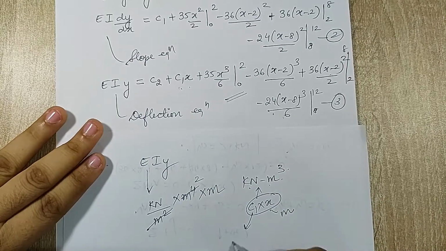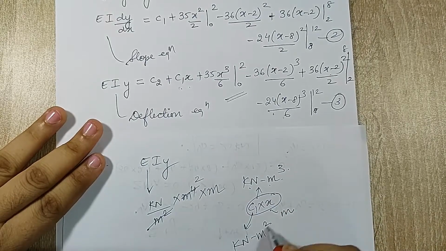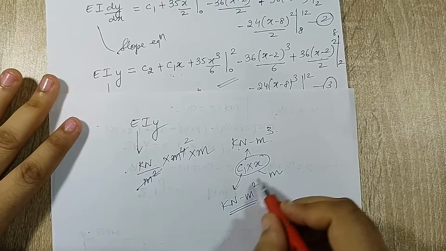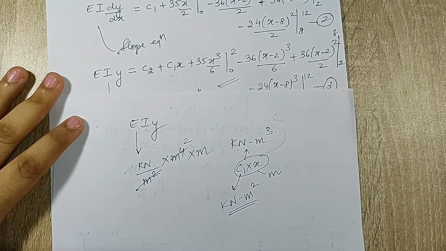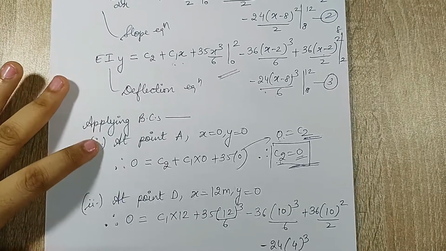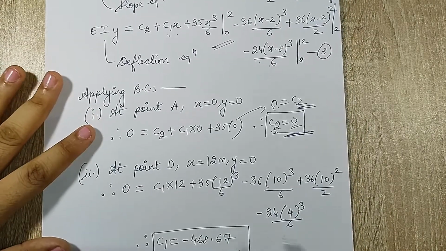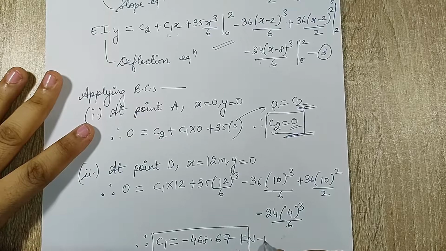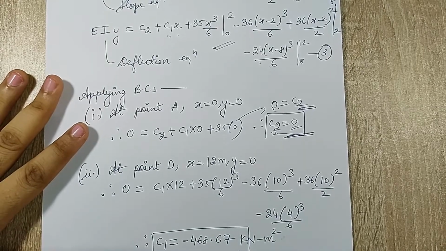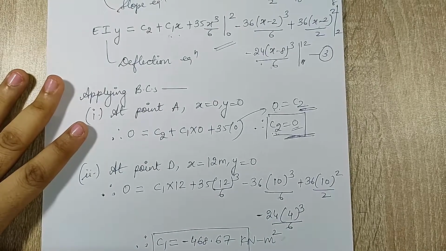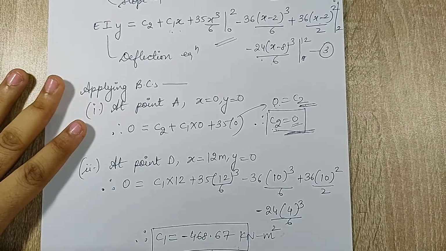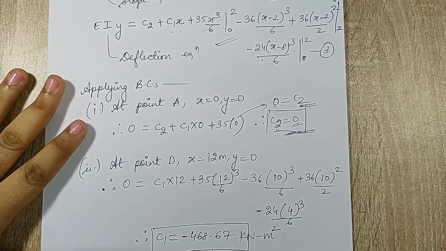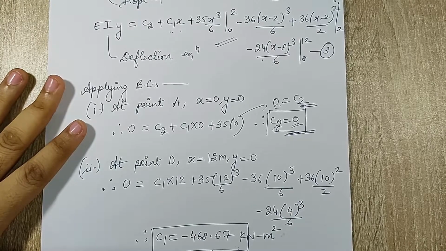So C1 will have unit as kilonewton meter square, because it is kilonewton meter square into meter, making it kilonewton meter cube. So here I am going to write down just for your reference that C1 has a unit kilonewton meter square. It is not necessary to write the unit, but this is just for your reference because many people don't reflect at this point, and when it is asked if C1 or C2 has a unit, they do not know.